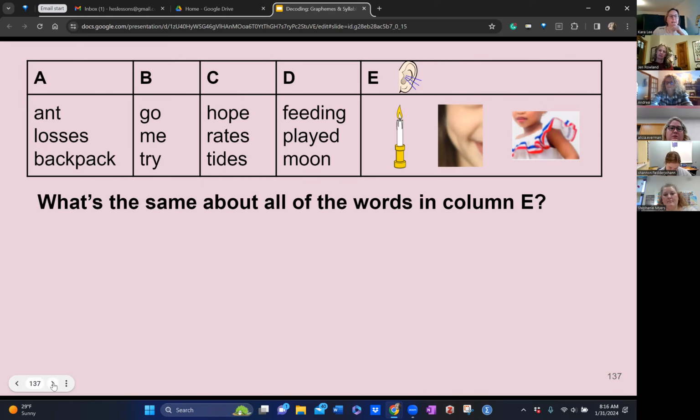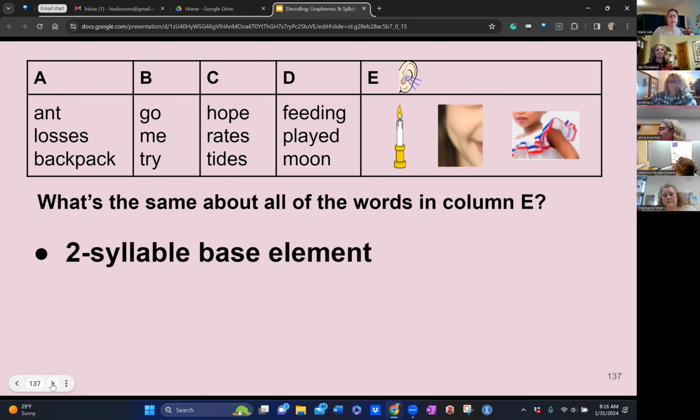We're not looking at these words. So candle, dimple, ruffle, what is the same about what you hear? That's why there's an ear up there. You hear two syllables, and you hear an end. The ending has this ol sound. Yes, very good. Okay, cool. The answer I'm looking for here is that those are all two syllable base elements.